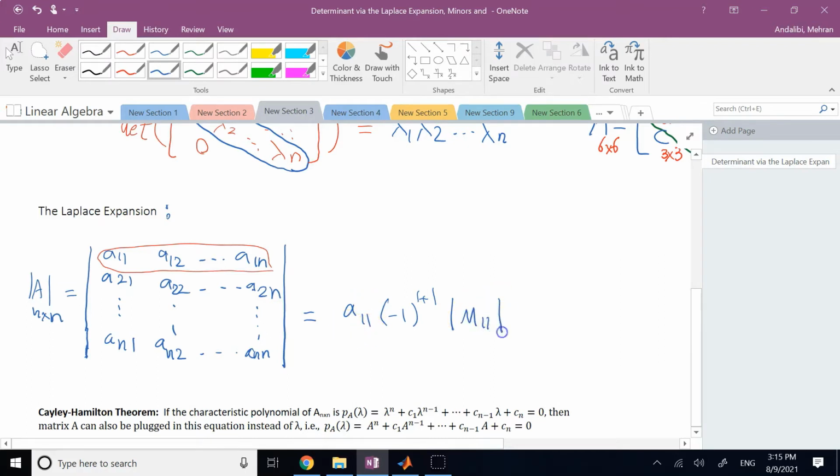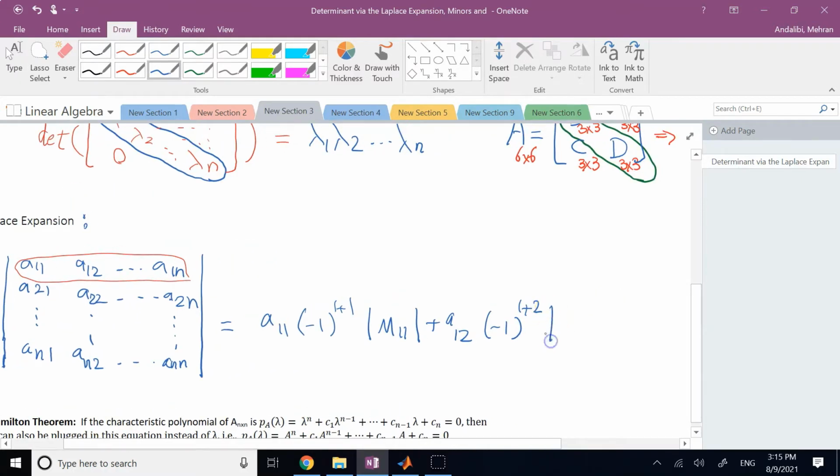Okay, and then plus A12, the second element, times -1 to the power of, again, these two subscripts added together, and the determinant of a matrix where the first row and the second column of the matrix are eliminated.